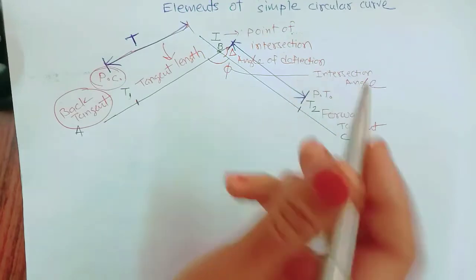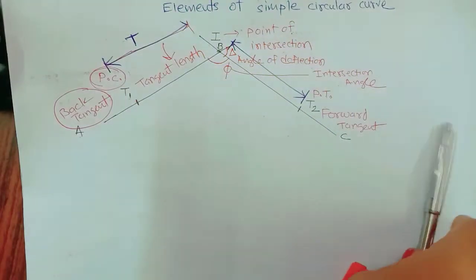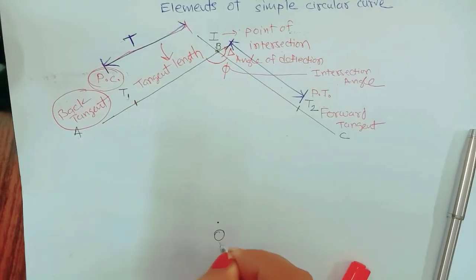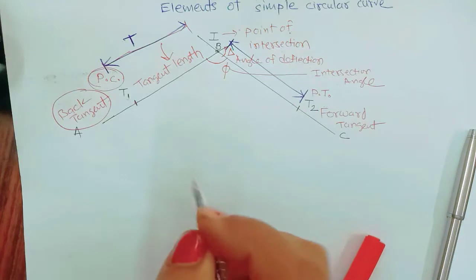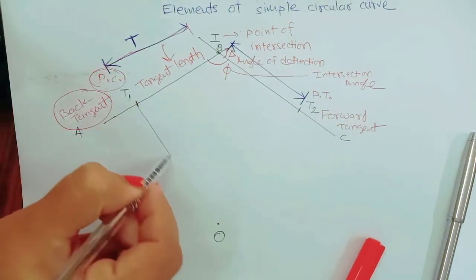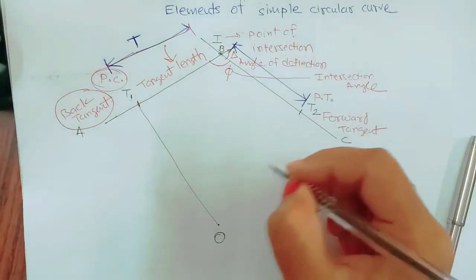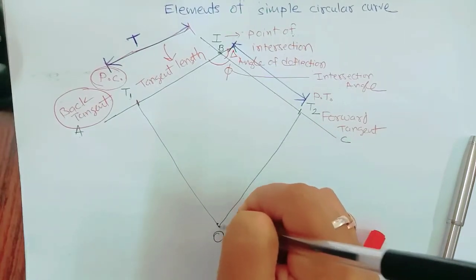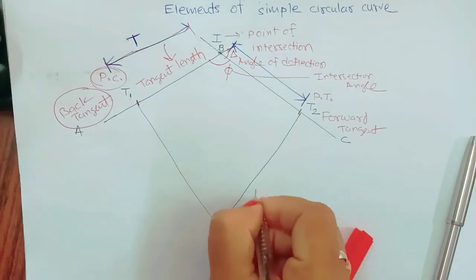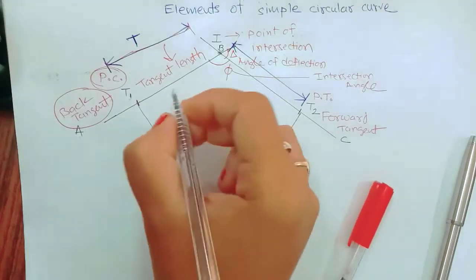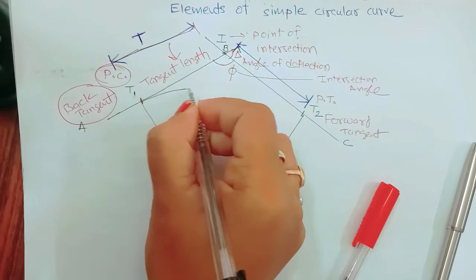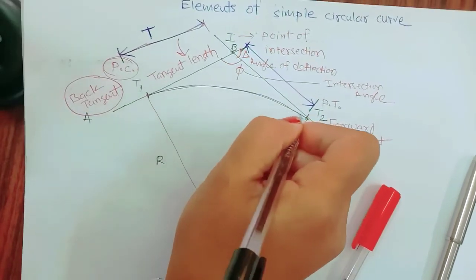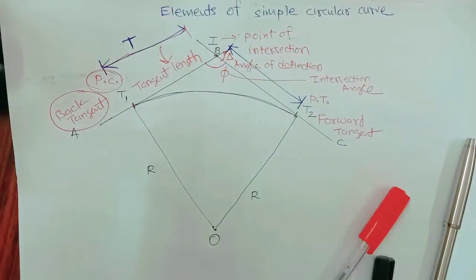Now length of the curve. Suppose here it is O, means origin point of the curve. Suppose this is radius R. This is the curve.